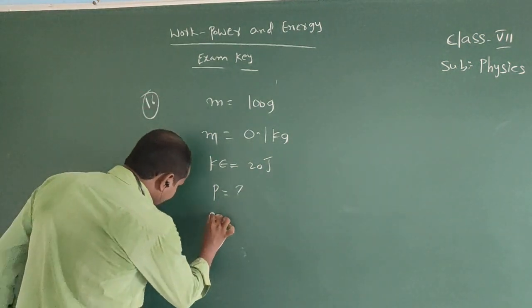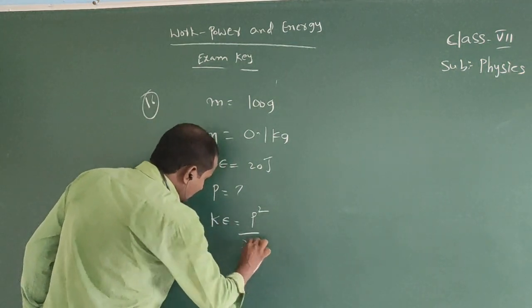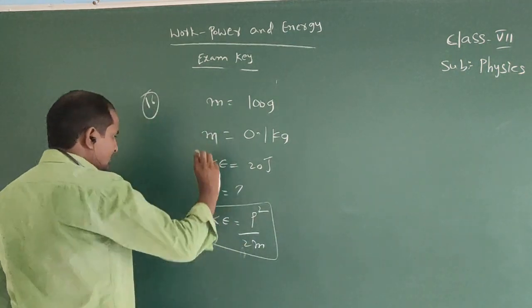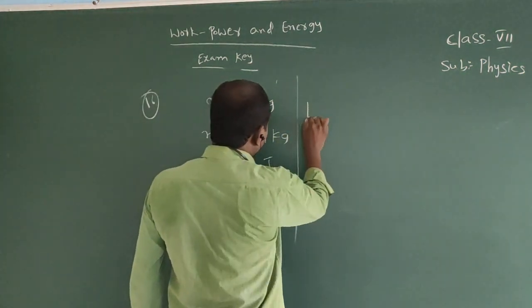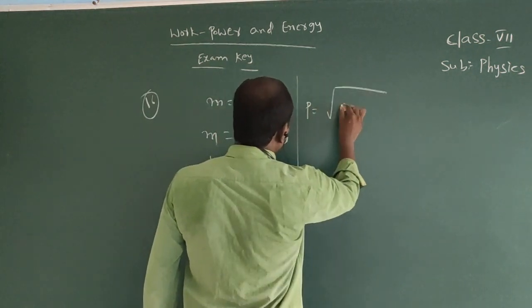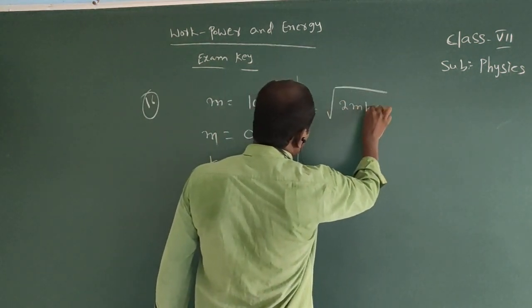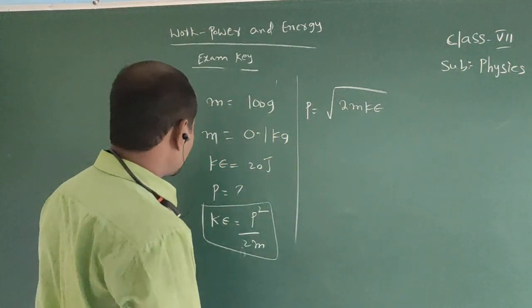The relation between kinetic energy and momentum is K equal to P square by 2m. So from this we can write momentum P equal to root of 2mK.